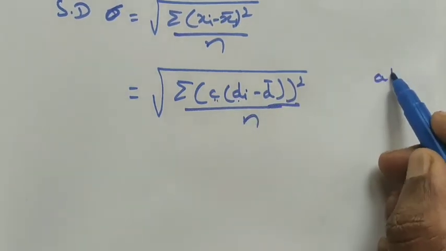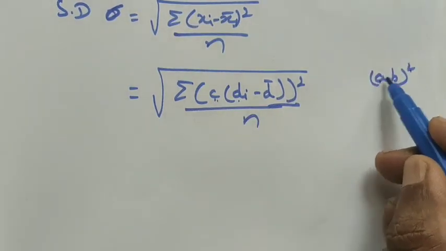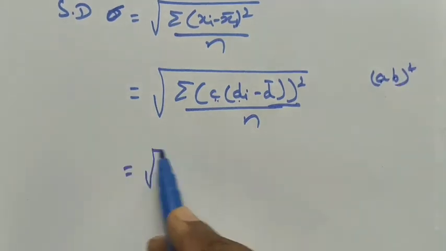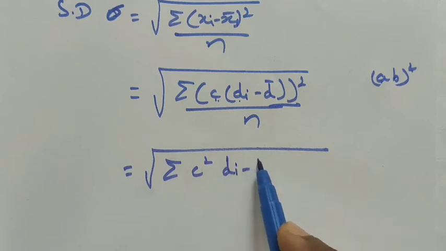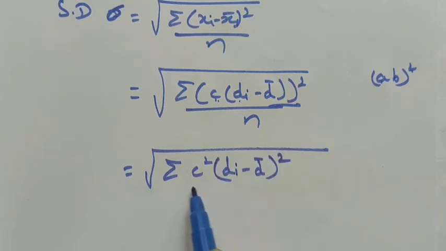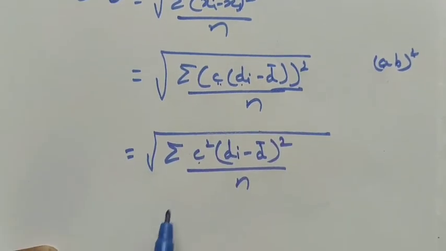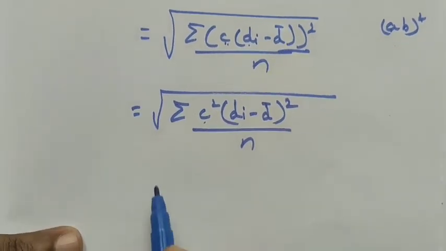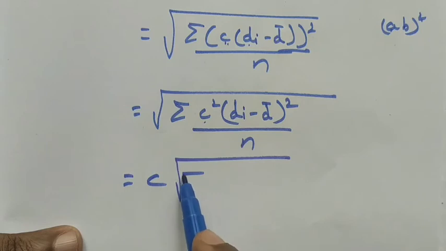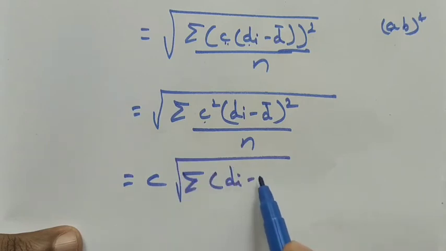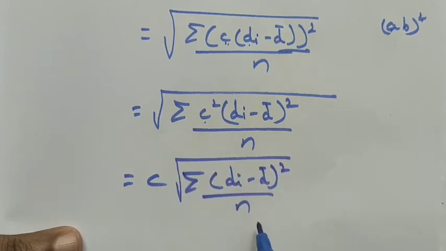A into B whole square means we can write A square and B square. The same here also, we get C square into di minus d bar whole square divided by n. C is taken out commonly from the whole root. So we get C is equal to root of summation di minus d bar whole square divided by n.